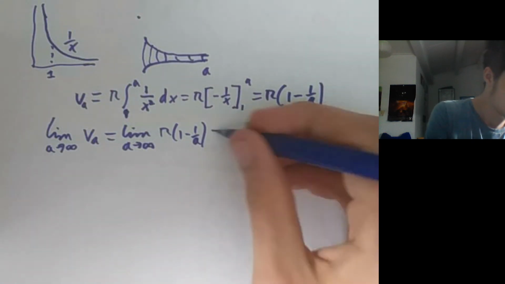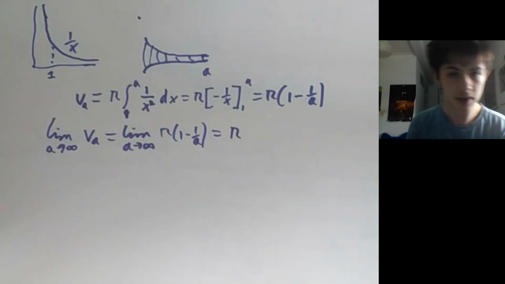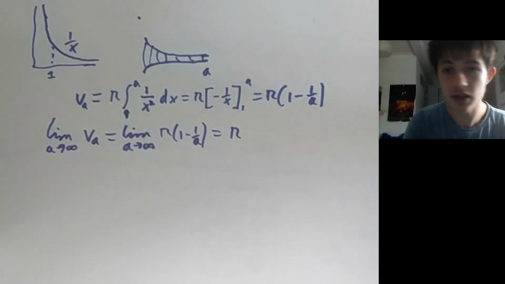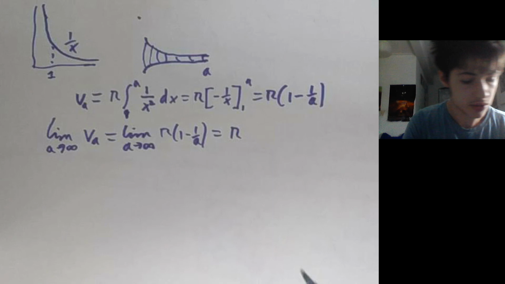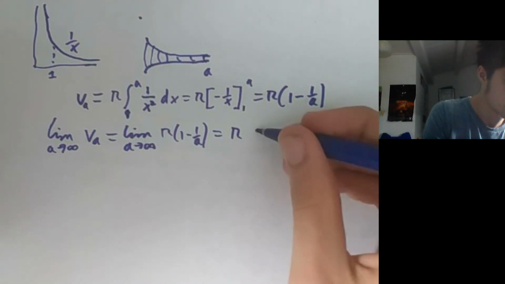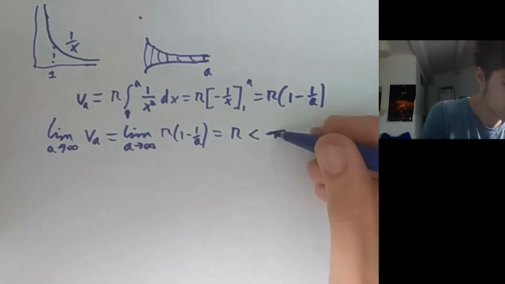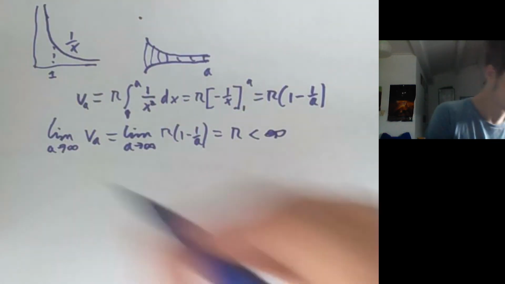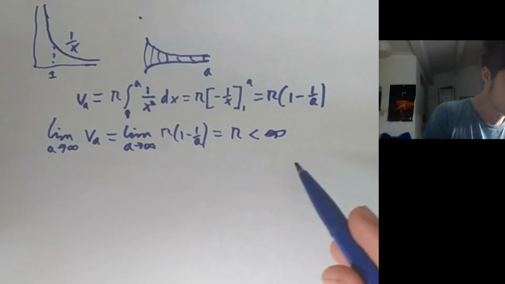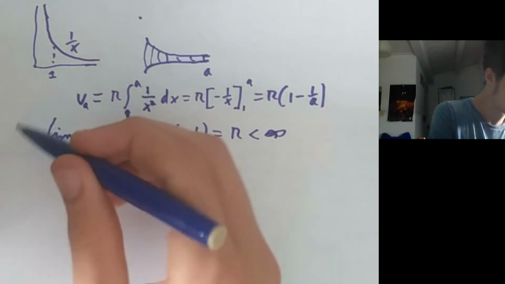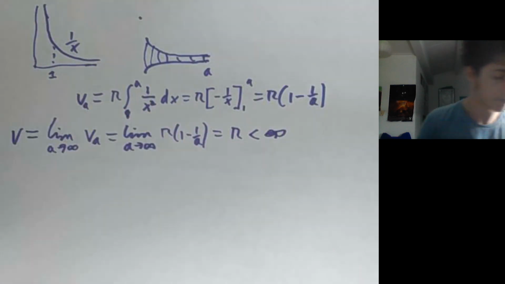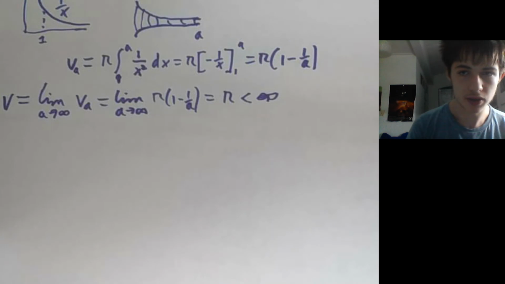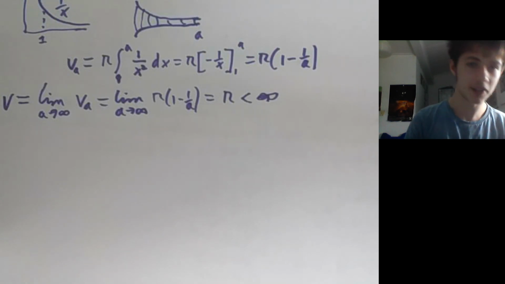So we're just left with pi. So the volume of this horn is pi, and it's quite nice. But what's the most important part is that it's finite, so I'll indicate it by saying it's less than infinity. Okay, that's quite reasonable. There's nothing paradoxical about that.